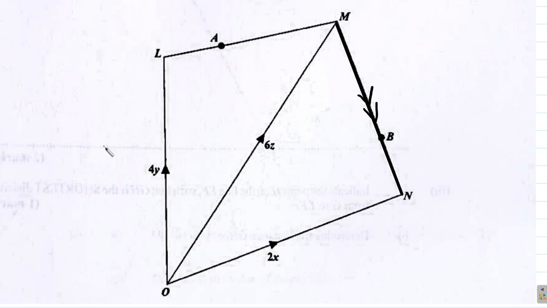Now, which 2 vectors? You could walk from M to N. But if there is some roadblock somewhere along the way, what would be the alternate route? Well, you could go from M to O, then from O to N.